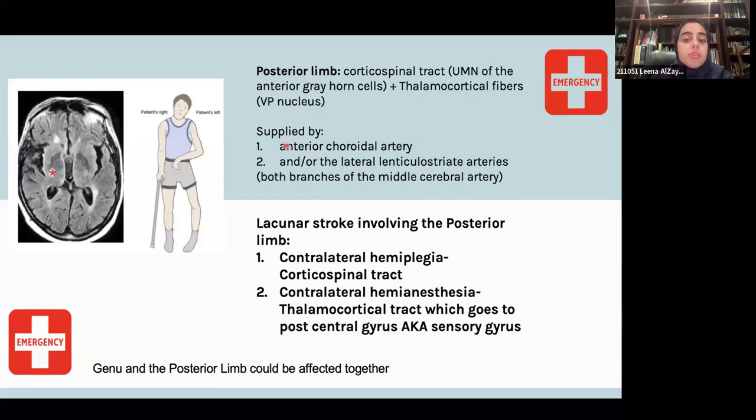It's supplied by the anterior choroidal artery and lateral lenticulostriate artery. A lacunar stroke to the posterior limb would cause contralateral hemiplegia due to loss of the corticospinal tract, and contralateral hemianesthesia due to loss of the thalamocortical tract that is going to the postcentral gyrus, or the sensory gyrus of the brain.